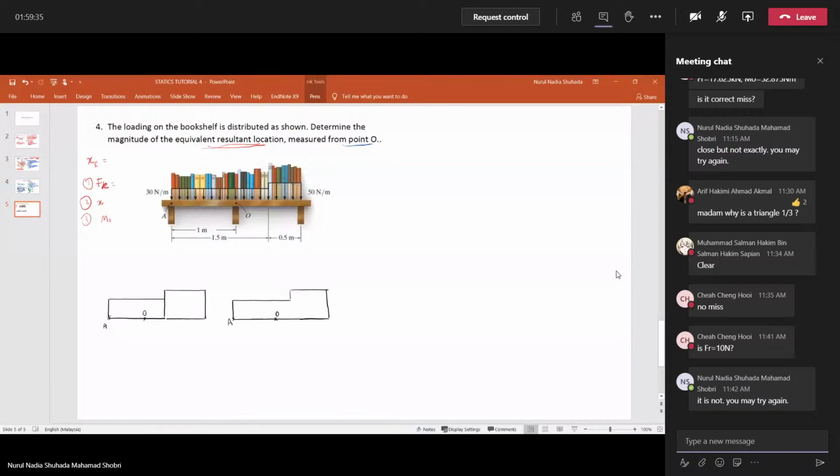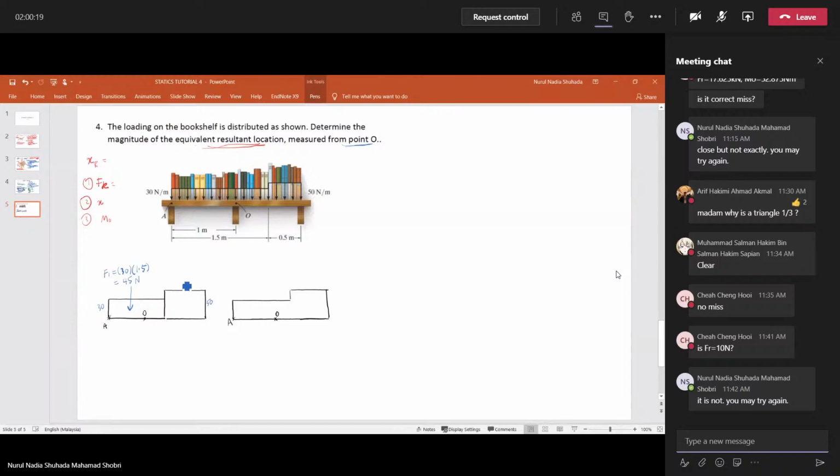For this one, you guys can separate the shape of the distribution. In this case, this would be 50, this one is 30. So the force F1 here is equal to 30 times 1.5, which is equal to 45 Newton.